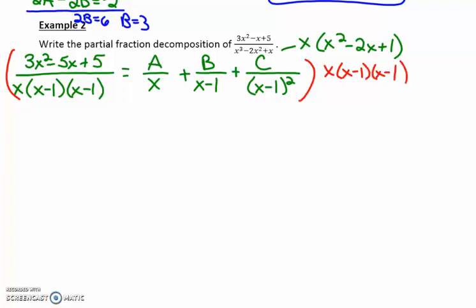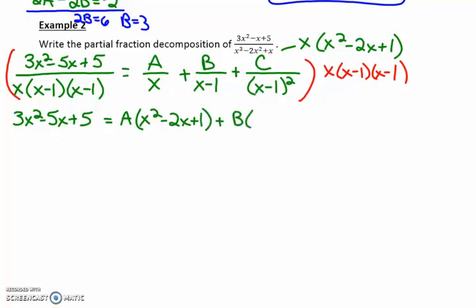Then that's going to give us 3x squared minus 5x plus 5, and that equals A times x minus 1 times x minus 1, which we know is x squared minus 2x plus 1, plus B times x minus 1, which is x squared minus x, plus C, and then the x minus 1s cancel, so that's just C times x.